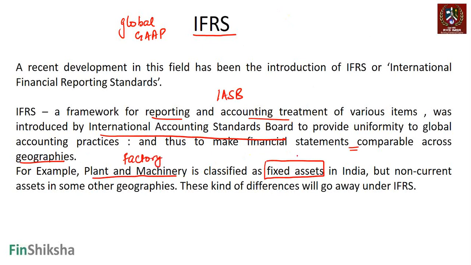If you looked at a balance sheet of India about 5 years back, it used to be called a fixed asset. But when you look at the US, it used to be called a non-current asset. Now they're the same thing, but if a layman is looking at this statement, if you suddenly pick up two statements, you might not be sure of what is a fixed asset and what is a non-current asset. Under IFRS, all of these get classified as non-current asset.